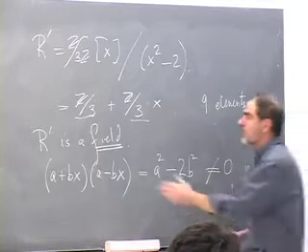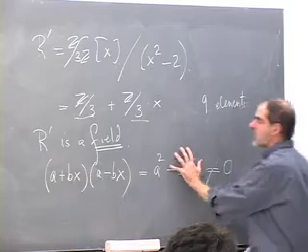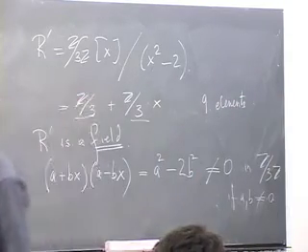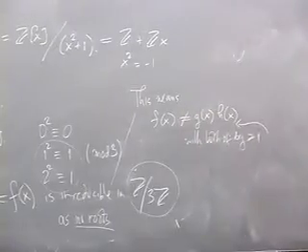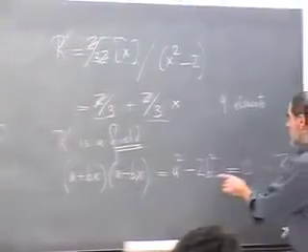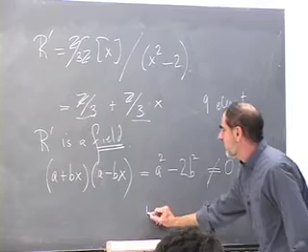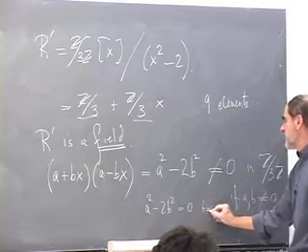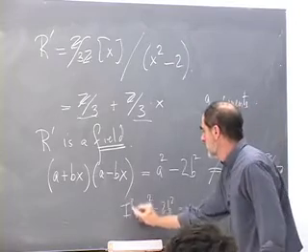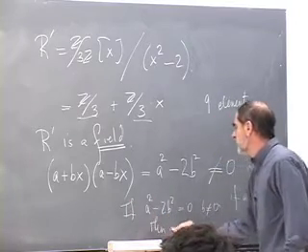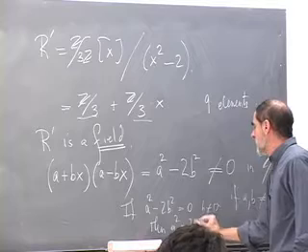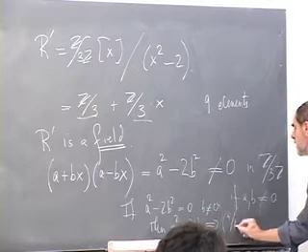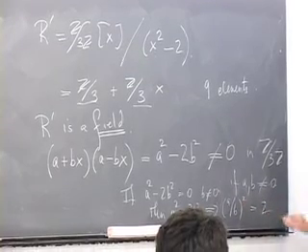But if they're not both 0, then if b is equal to 0 and a is non-zero, this element is just a squared. So that's clearly non-zero, because the squares of non-zero elements are non-zero. If b is not equal to 0 and this element were equal to 0, if a squared minus 2b squared equals 0 and b is not equal to 0, then a squared is equal to 2b squared. And dividing, I'd get a over b quantity squared is equal to 2.